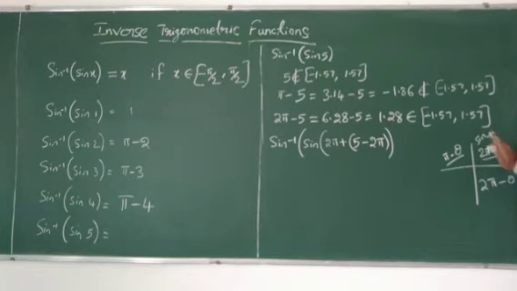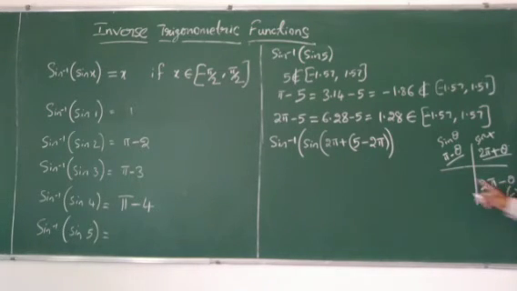In the second quadrant, sine is positive. But if I take 2 pi minus theta, which comes in the fourth quadrant, here sine becomes negative.